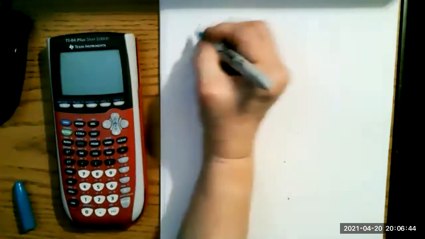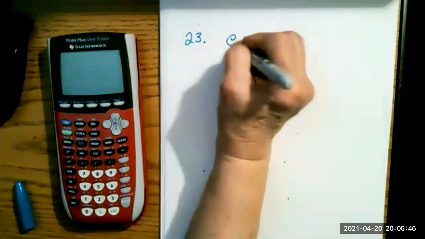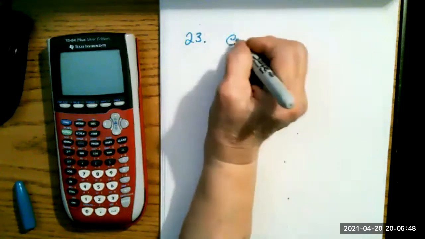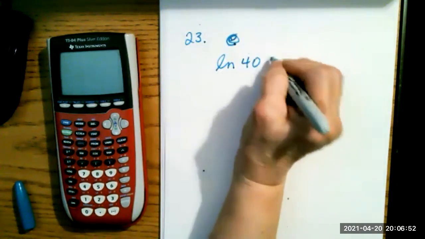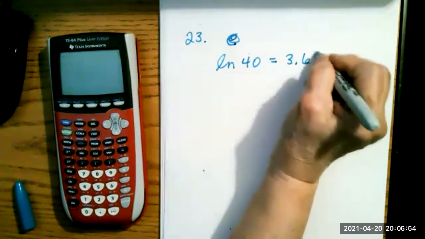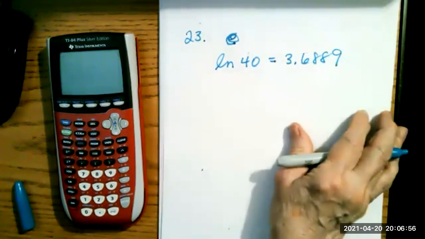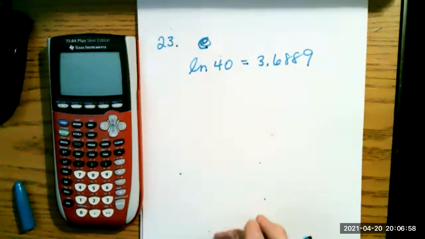Let's try 23. Oops, wrong way. I almost gave you the answer. ln 40 equals 3.6889, and you're converting it to exponential.